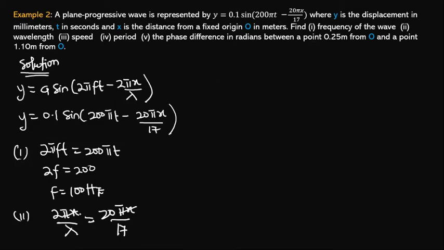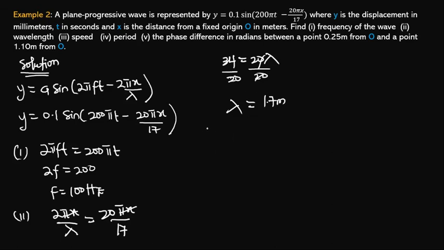The 2 here will multiply the 17, which gives me 34, to be equal to the wavelength multiplied by the 20, that gives 20 lambda. So we divide both sides by 20. We get our lambda to be equal to 1.7 meters if we divide 34 by 20.